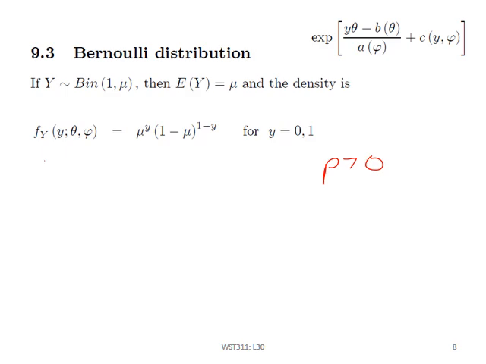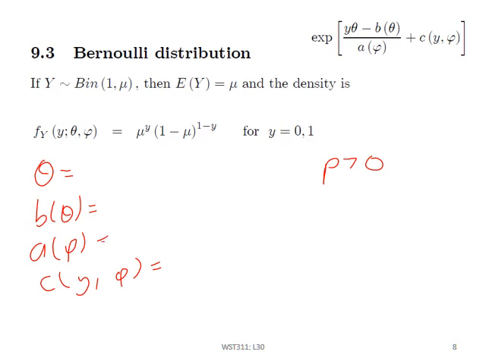Clearly indicated there are the different components: theta equals beta, as well as what a of the scale parameter is, as well as what the functions b of theta, c of y and the scale parameter are equal to. The details are given on page 70. Please consider that.